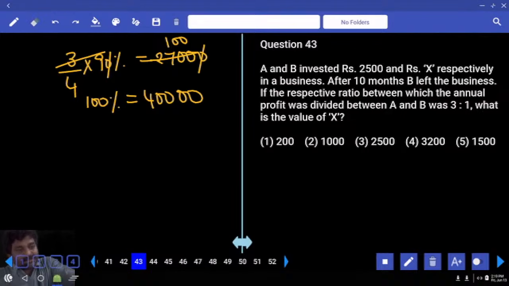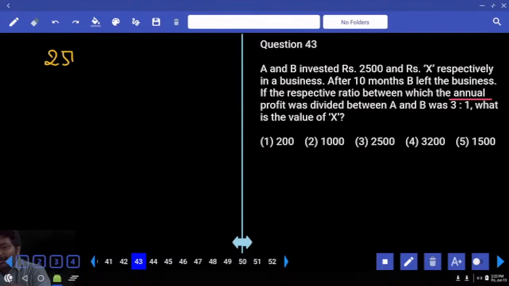A and B invested 2,500 and X rupees respectively in a business. After 10 months, B left the business. If the annual profit of the business for 1 year was divided between A and B in the ratio 3:1, what is the value of X? A invested 2,500, B invested X rupees.